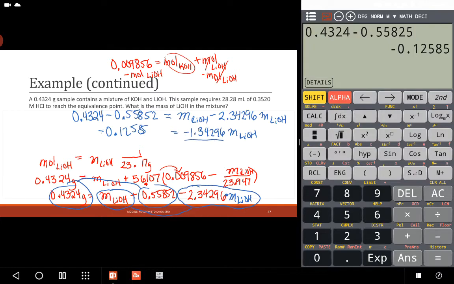Then I can divide both sides by this coefficient in order to cancel that out and solve for my mass of lithium hydroxide.